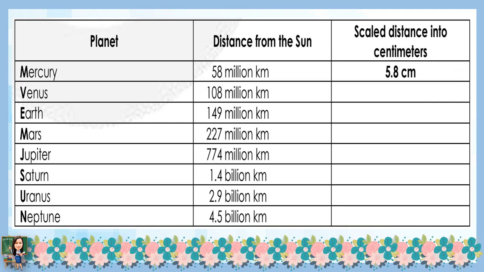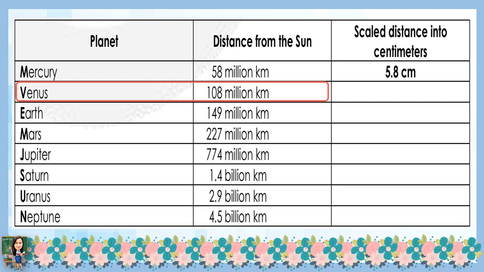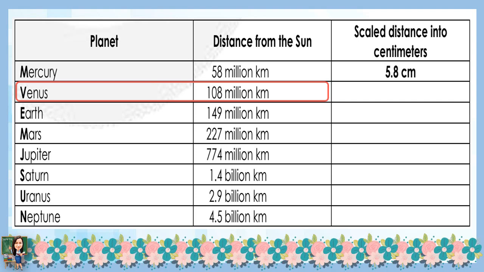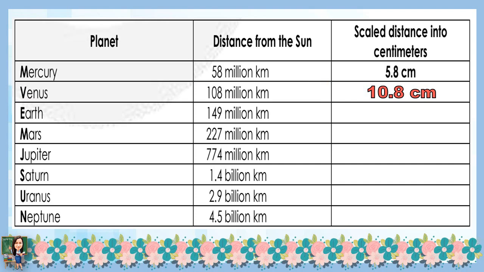Next, let's find the scale distance into centimeters of planet Venus. To get the scale distance of Venus, divide 108 million kilometers by 10 million times 1 centimeter equals 10.8 centimeters. Next, Earth.